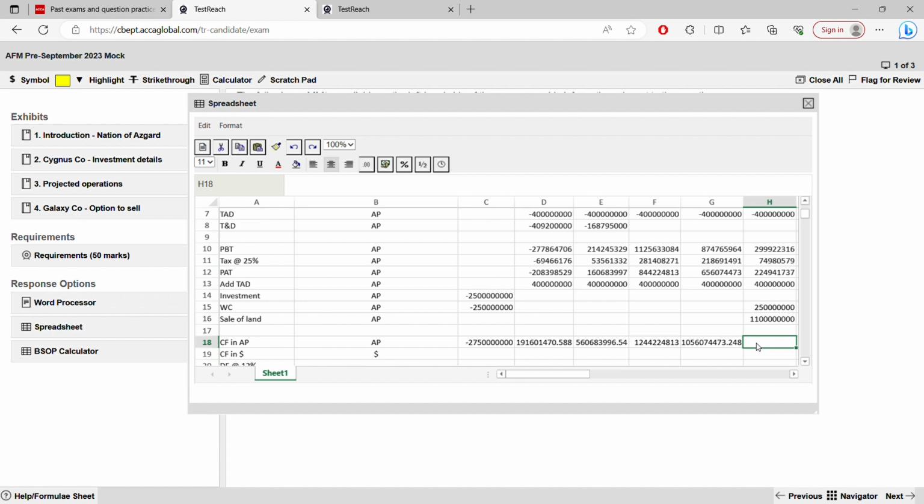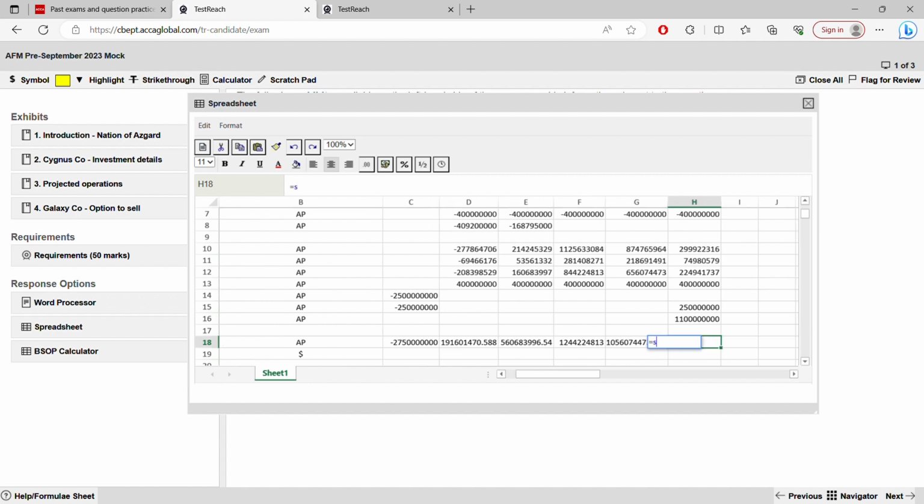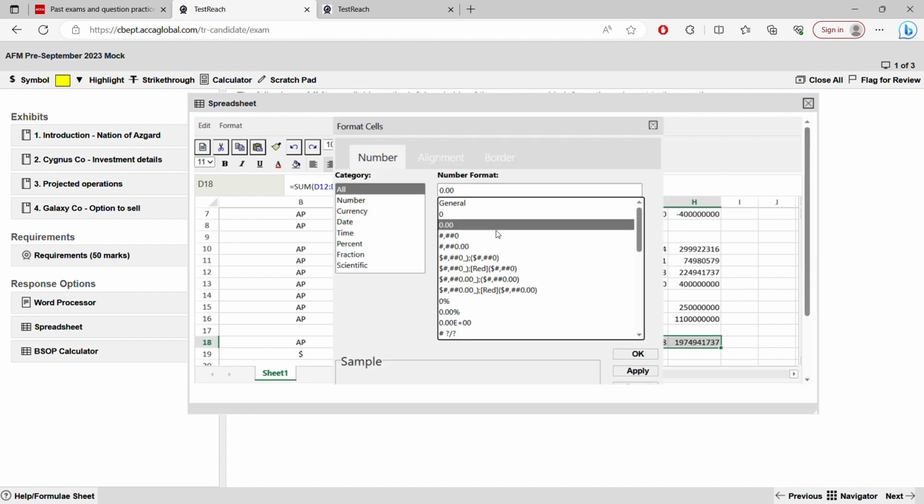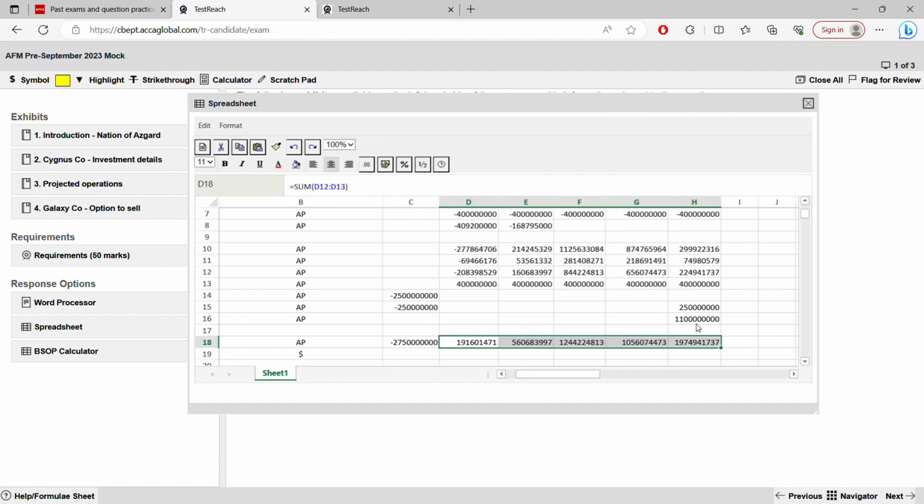So here you have to individually do it again. Sum function, you have to add this, enter, and I'm going to change this number as a whole number, custom 0. Okay, see, now can you see?